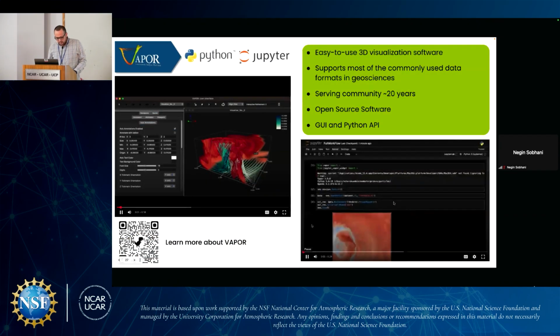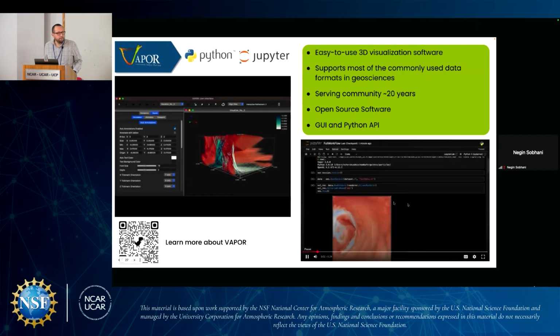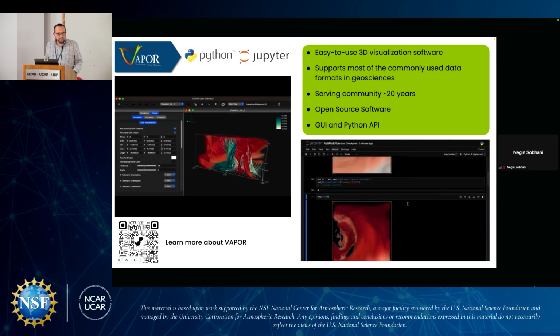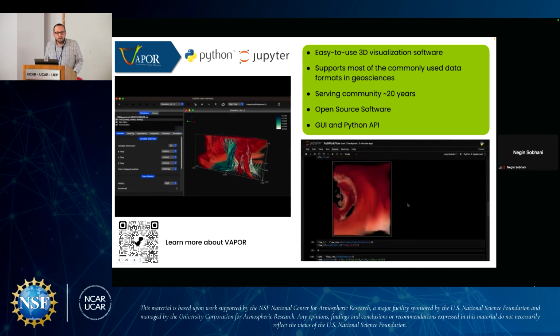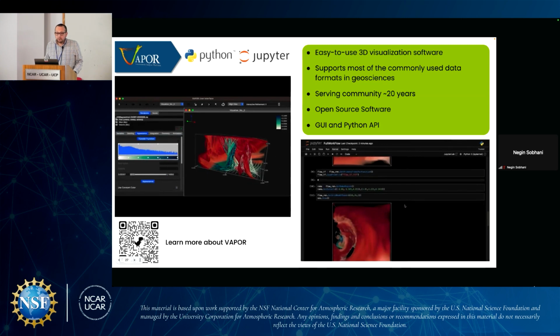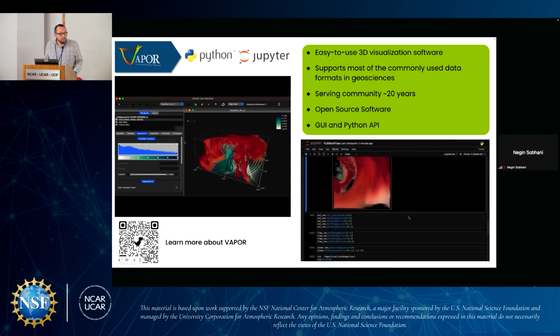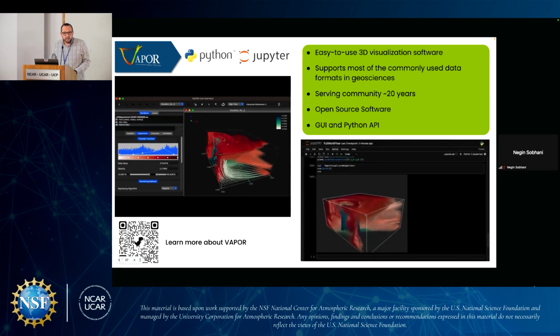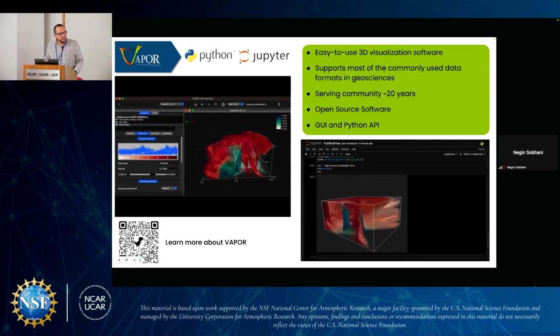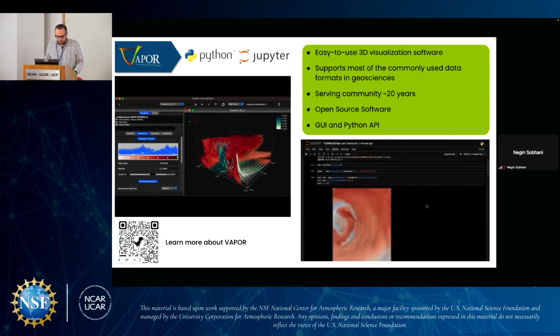Vapor is an application for 3D visualization and analysis of complex time-varying data sets in the most common geoscience data formats. Vapor has been serving the geoscience community for more than 20 years, and it's accessible through a desktop application and also a Python API, which was recently added into the stack.